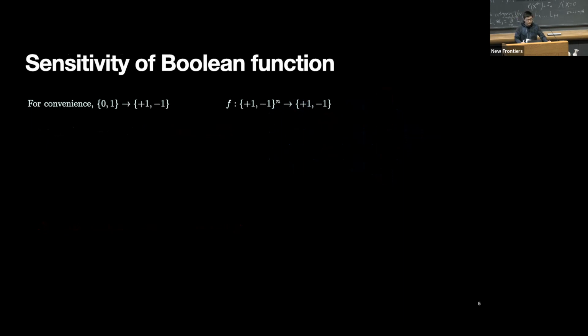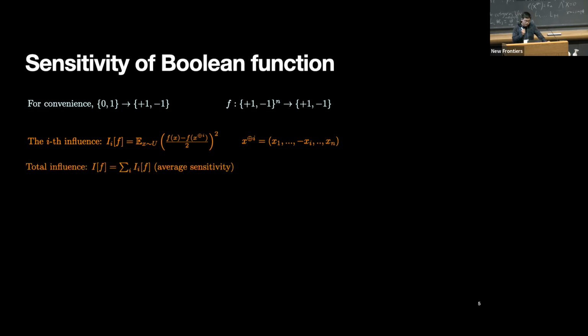Here, for convenience, I changed the domain from 0, 1 to +1 and -1. So now the Boolean function is defined from {+1, -1}^n to {+1, -1}. The sensitivity, or the influence, on the ith coordinate is defined as the average value of the square of the discrete derivative with respect to the uniform distribution.